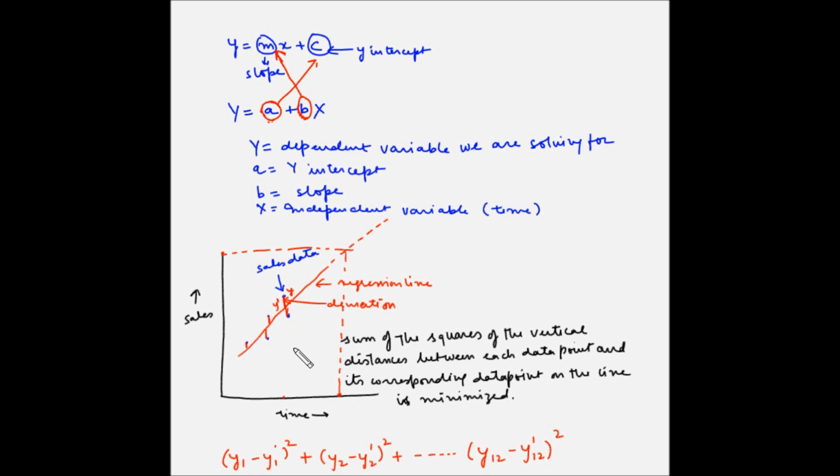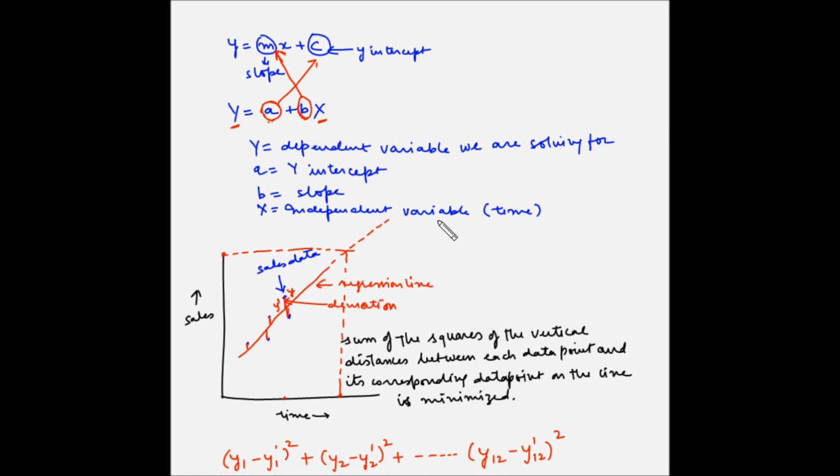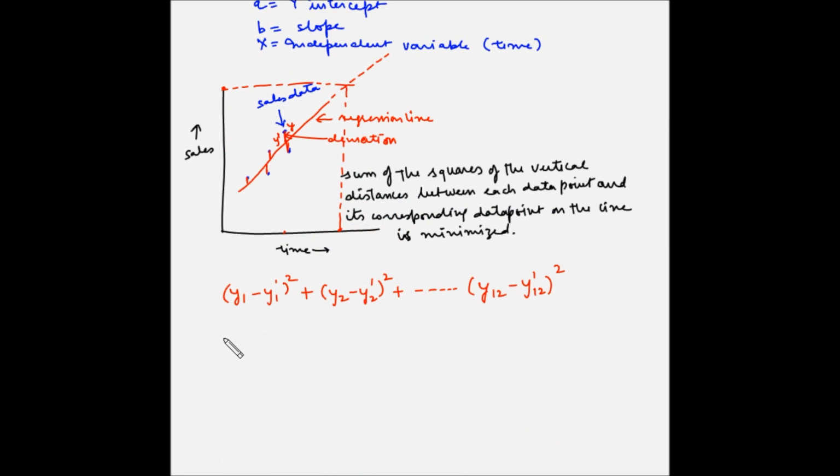So using the formula, basically we have to find out the values of A and B. And once we have the values of A and B, then if we put the value of X, which is the quarter number, then we will get the corresponding value of Y, which is the sales for that particular quarter. Now A can be found out by using the formula.